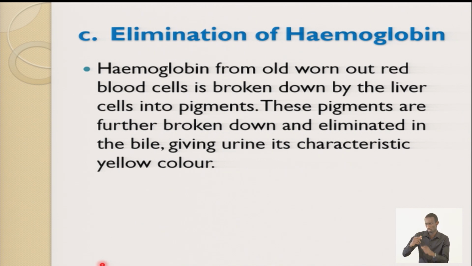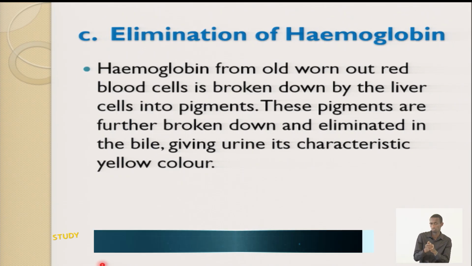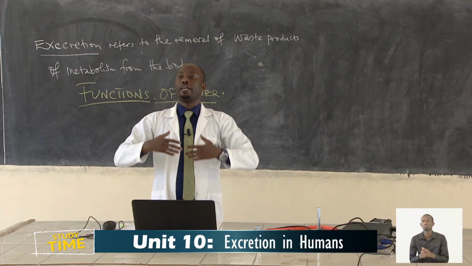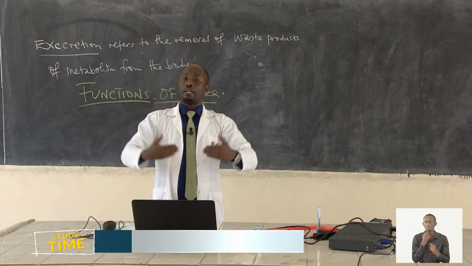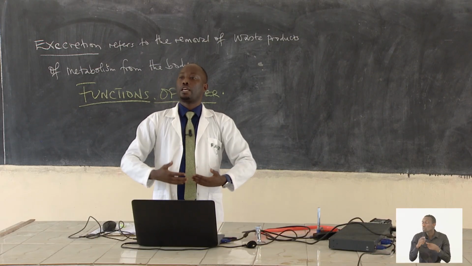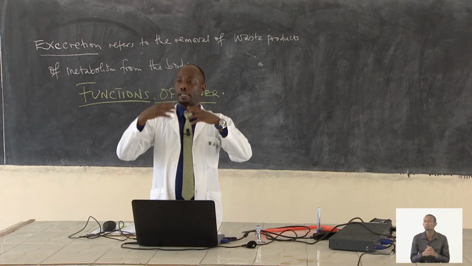We have elimination of hemoglobin. Hemoglobin is the red pigment found in blood. Once the red blood cells are aging and getting old, automatically the hemoglobin has to be removed from the body, and that process is also done by the liver.